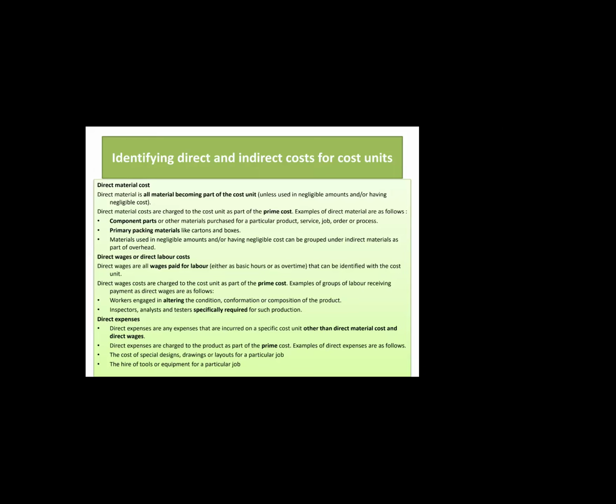Examples of direct material are component parts or other material purchased for a particular product, service, job or order process. Primary packaging material like cartons and boxes. Material used in negligible amount or having negligible cost can be grouped under indirect material as a part of overhead.